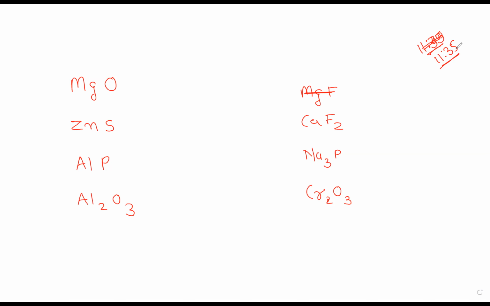Okay, guys. So the first one, MgO. What do you think? Magnesium oxide. Do you all agree? Magnesium oxide. Mg is not a transition element, so we are just going to name it as the element, magnesium.